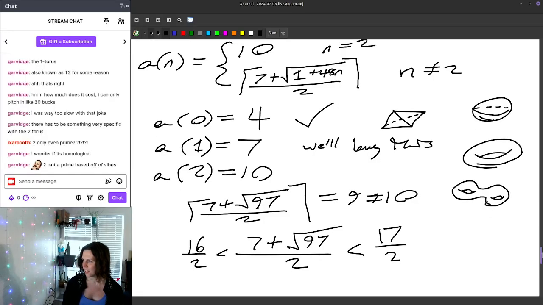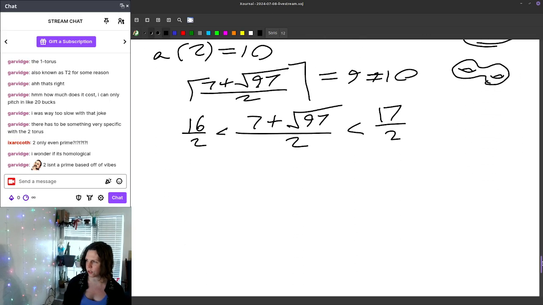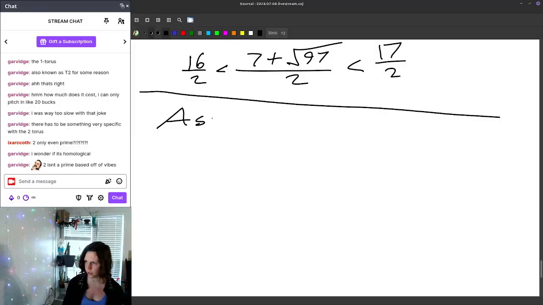Okay, so this is the formula. And now, just to make our lives easier, let's assume that n is greater than 2, just so that my life is easier.